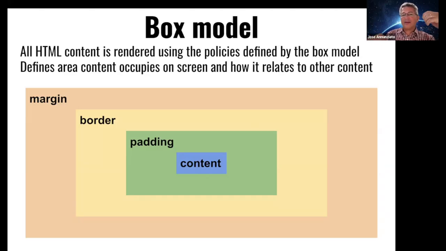So in the tag, you have its surrounding content, and that content is what we refer to here in blue. Now each tag defines a bounding box around the content.